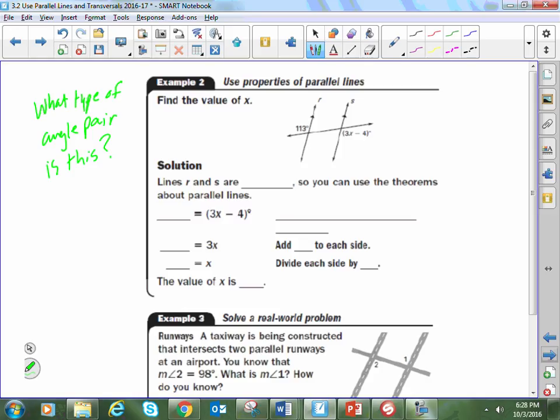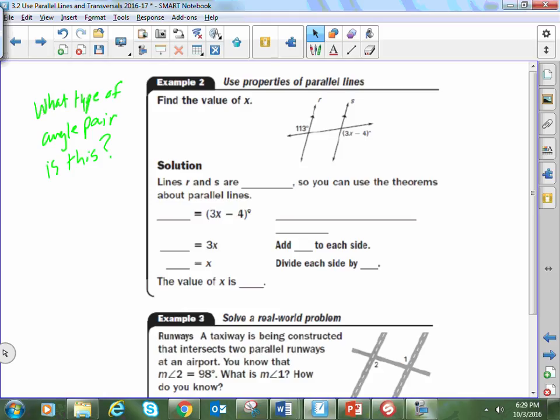Because if you do not answer that question first, in my experience, students just make assumptions and say, well, I think it's this. Without identifying the angle pairs correctly, I see students regularly write equations incorrectly. They can do the algebra perfectly fine from that point on, but if they don't set the equation up correctly in the first place, based on the answer of what type of angle pair this is, then you're lost. So take a moment and ask yourselves, what type of angle pairs are these?